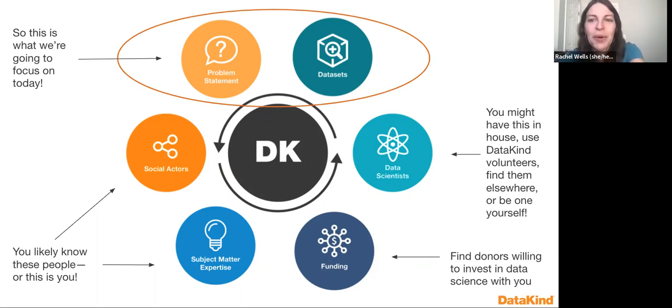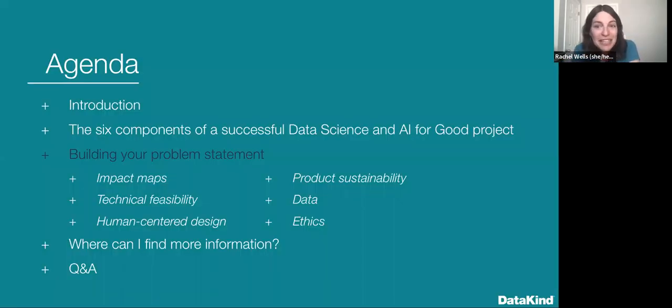And so this leads us to our last 2 components, which are what we're going to focus on today, problem statements and data. So this brings us into the bulk of our presentation, how to build your problem statement. And we're going to include details on how to incorporate all of these key elements of scoping that you see here.